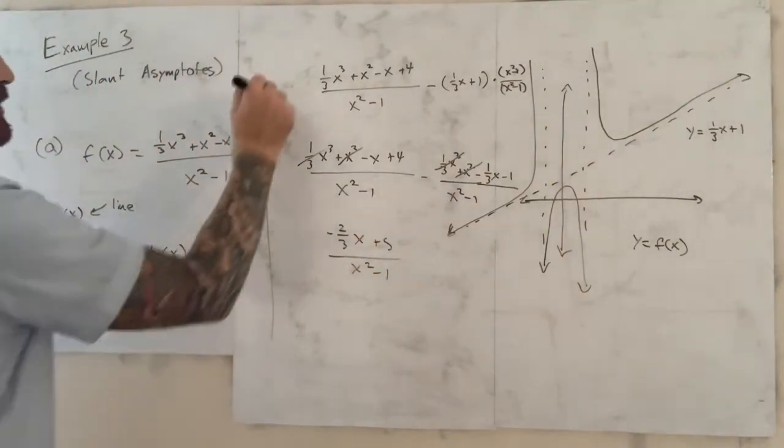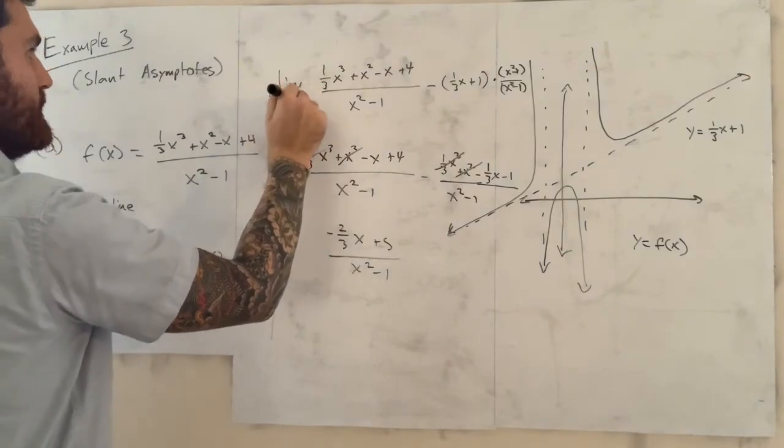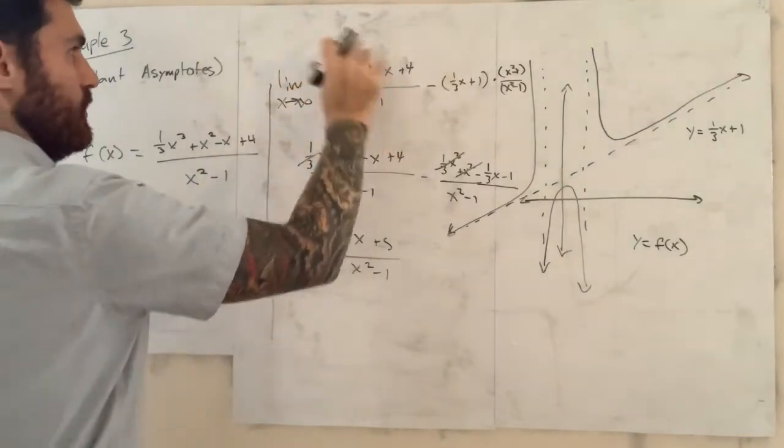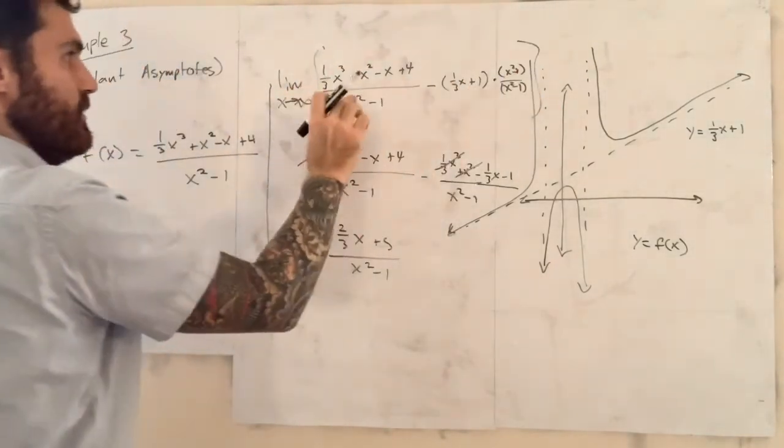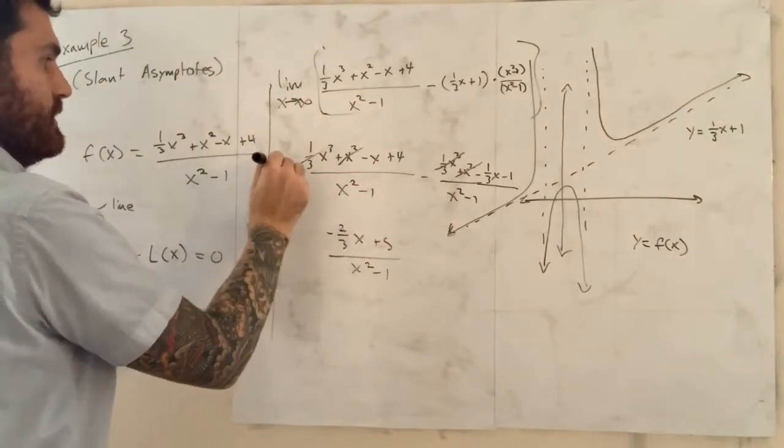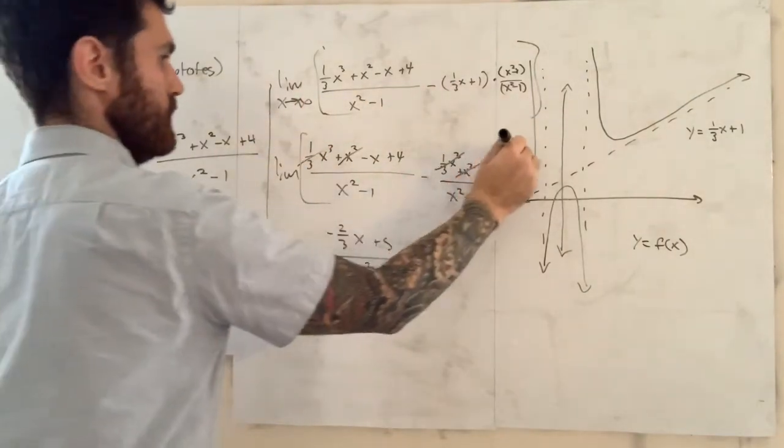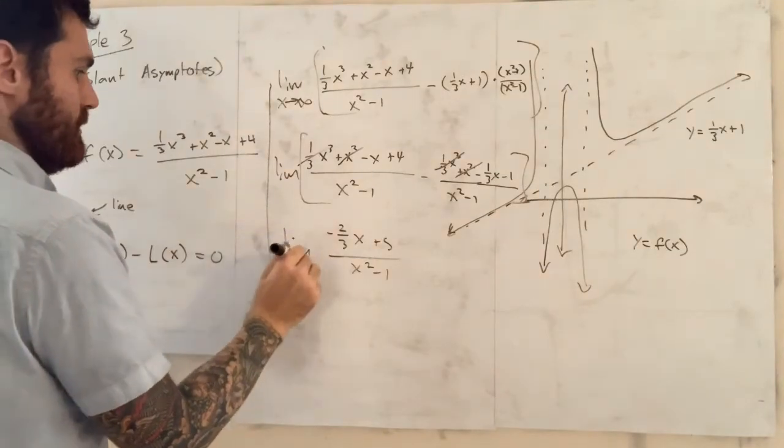Negative, should be adding that. Okay, so now if I take this limit as x goes to infinity, taking the limit of this minus the line, take the limit here, and take the limit here.